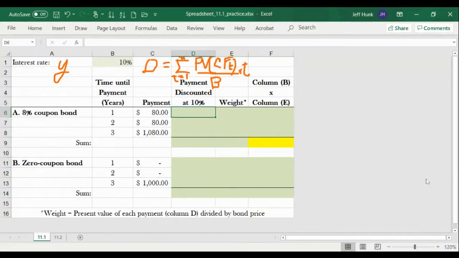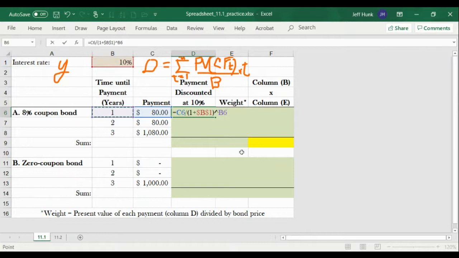First I will have to find the present values of all of these coupon payments. So I'll have to discount this by 1 plus our discount rate, the yield to maturity, and I'll have to lock it because I'm going to drag it down. Locked, and then I raise it to time, right?